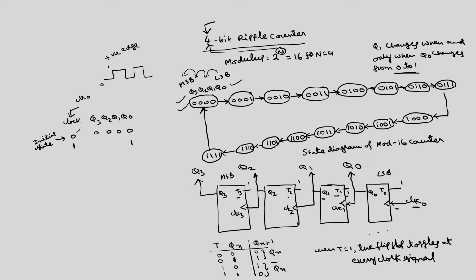If it is a negative edge, it is 1 to 0. Otherwise you have to change the circuitry for the negative edge, which means 1 to 0. These are all what I am calling negative edges.